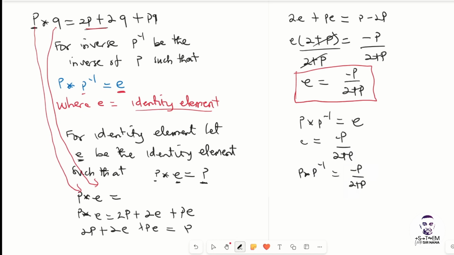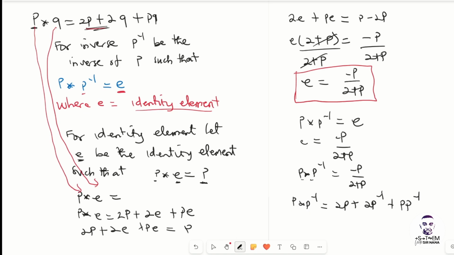Now let's find P operation P inverse in terms of the general one here. So we have P operation P inverse to be equal to 2P plus 2P inverse plus P inverse, right?